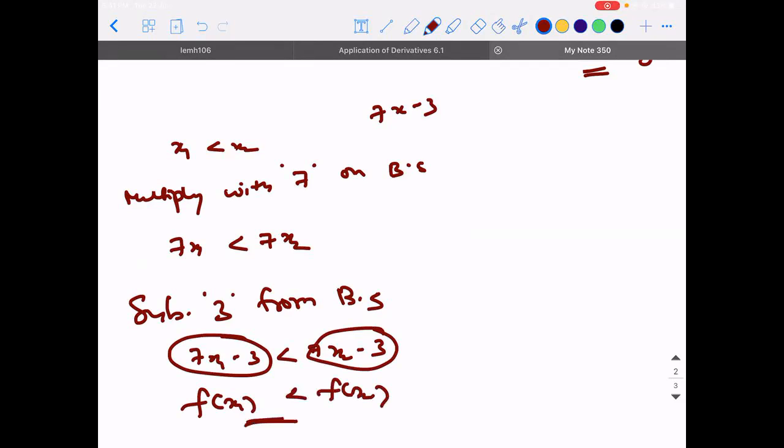So f of x1 is less than f of x2 for the values of x1 less than x2. So it is a strictly, oh sorry, strictly increasing function. Okay.